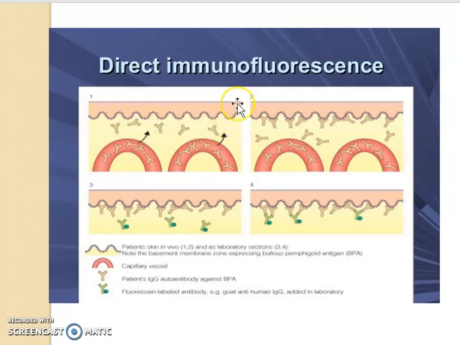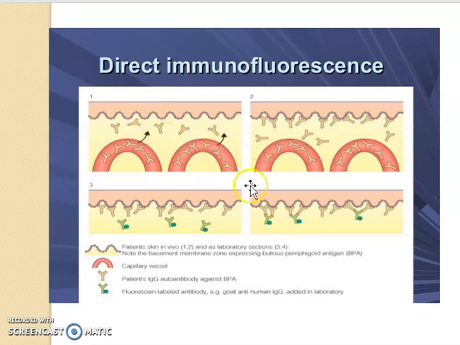This is the epithelium, the connective tissue, and these are the capillary vessels containing the patient's autoantibodies, or immunoglobulins. They are released and very specifically attach to the epithelium. For pemphigoid, they attach to the basal cells. For pemphigus, they attach specifically to the suprabasal region here.